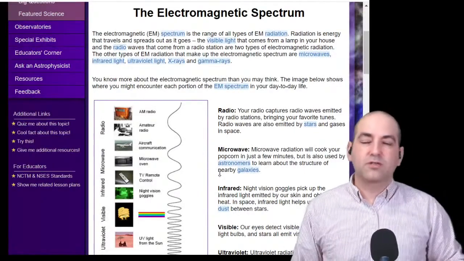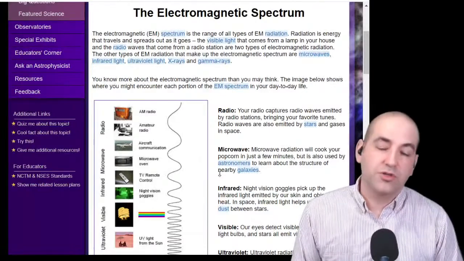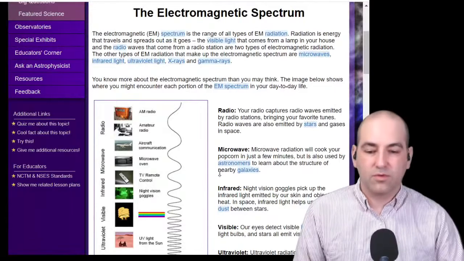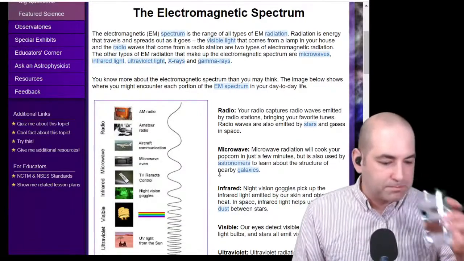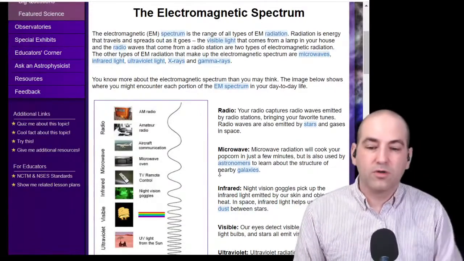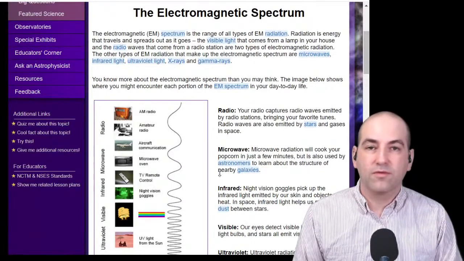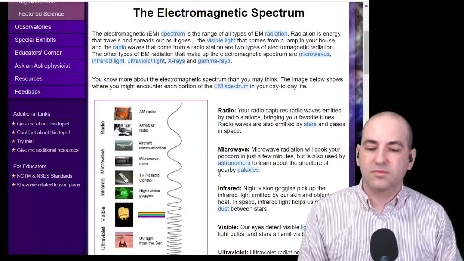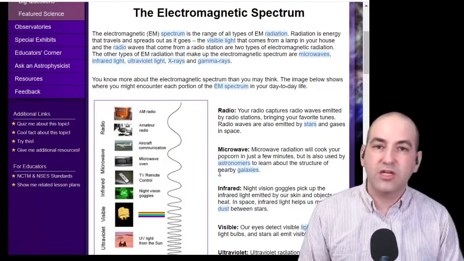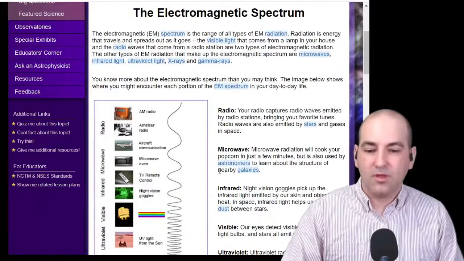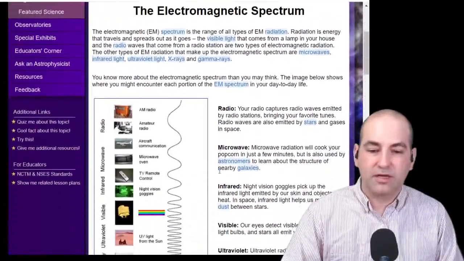The electromagnetic spectrum is energy. It is energy of different wavelengths and frequencies. You've probably heard of most of this type of energy. You may have heard it referred to as light or some other kind of thing, waves, radiation. All of those terms mean energy, and that's all part of the electromagnetic spectrum.